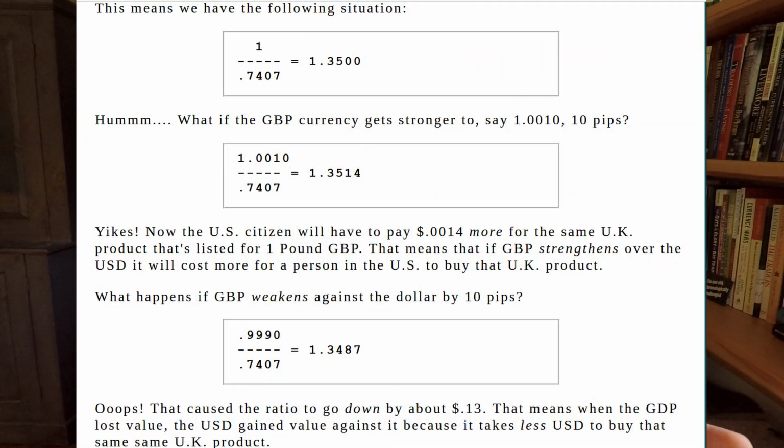All right, let's throw up the next situation here. What if the pound gets stronger and say that goes to 1.3510, 10 pips, basically. So there's the relationship up there. You divide by the same 0.7407, and that gets $1.3514, or 14 pips.